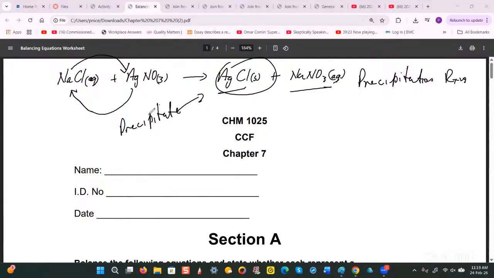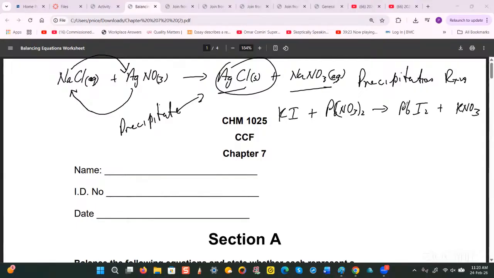Just to give another example of a double displacement reaction, let's say you're given potassium iodide plus lead nitrate, Pb(NO3)2, to give PbI2 plus potassium nitrate.